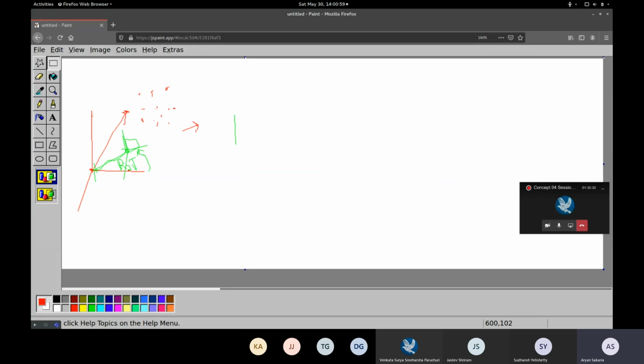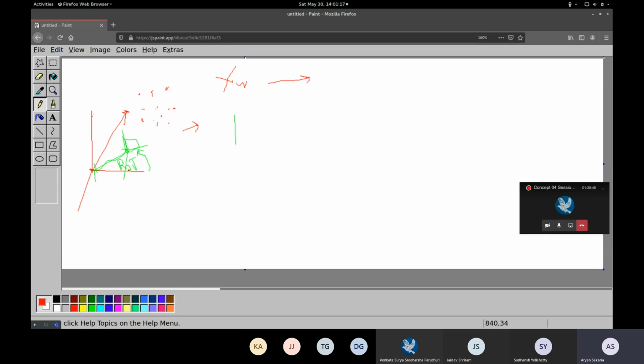What I'm going to do is translate everything back first, right? So I have these points. Let's say I have these X world points. And I'm going to translate everything back first.